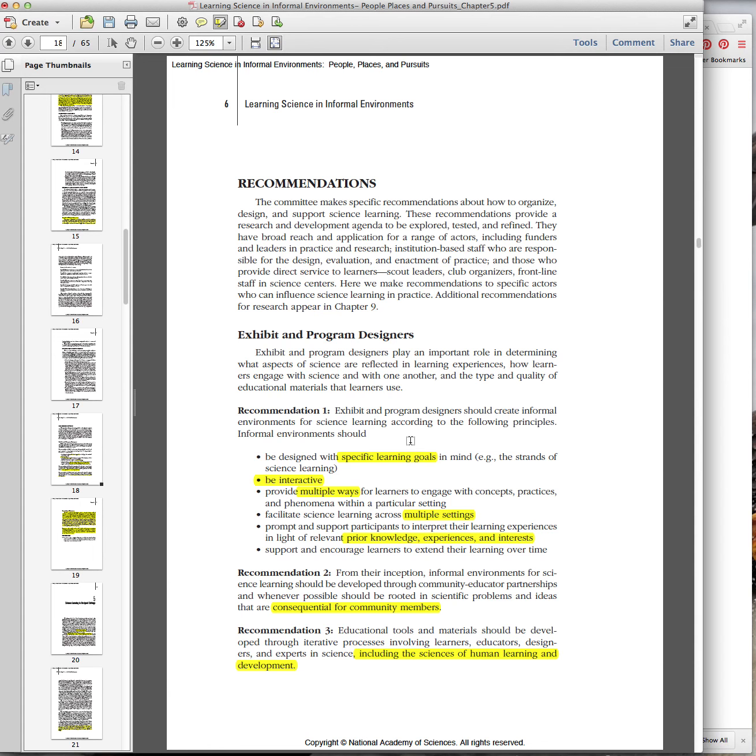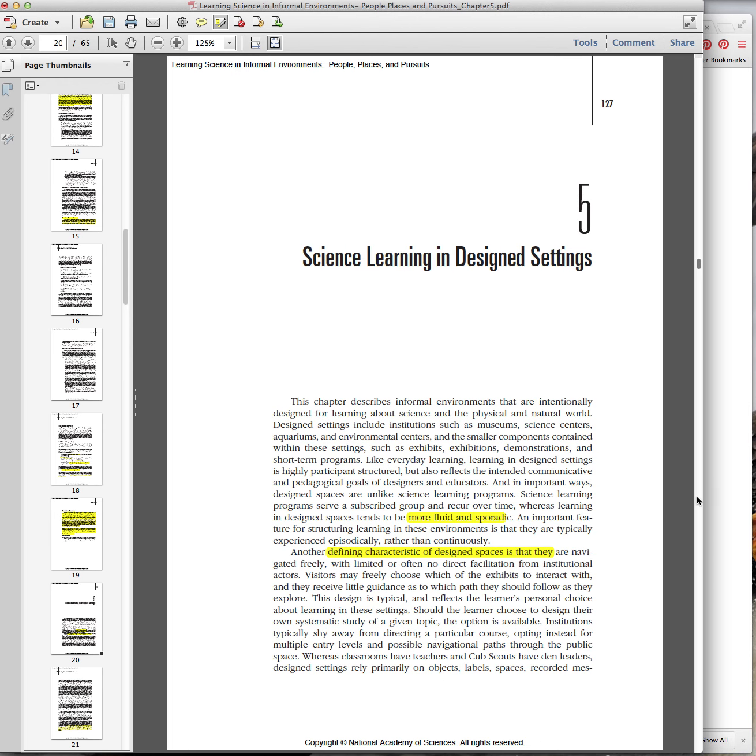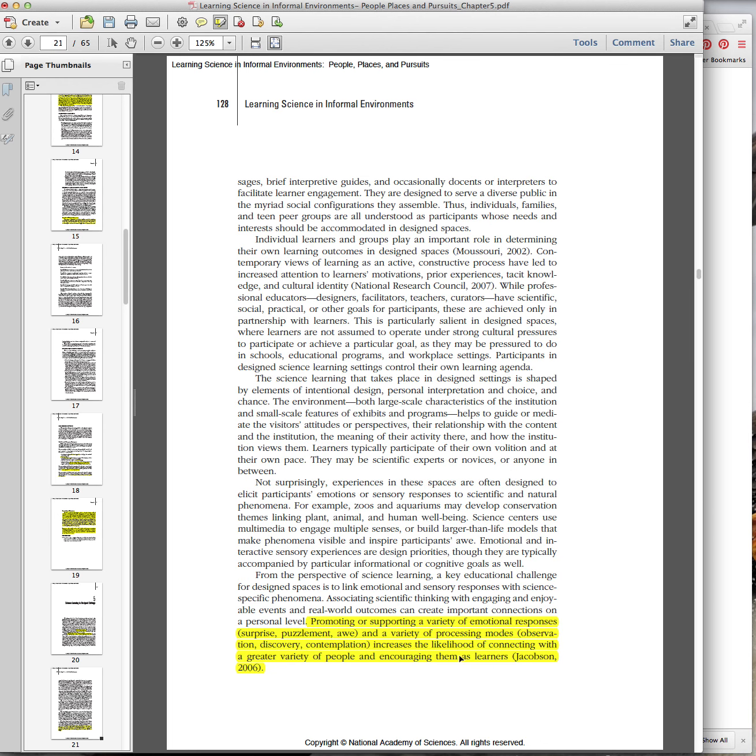The third bullet point says, provide multiple ways for learners to engage with concepts, practices, and phenomena within a particular setting. So what did that sentence say? Promote or support a variety of emotional responses, surprise, puzzlement, awe, and a variety of processing modes, observation, discovery, contemplation, increases the likelihood of connecting with a greater variety of people and encouraging them as learners. This is from a research paper by Jacobson.